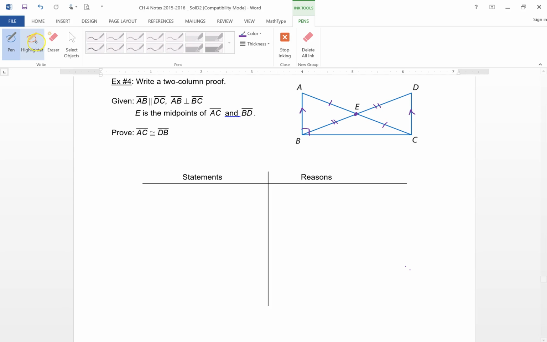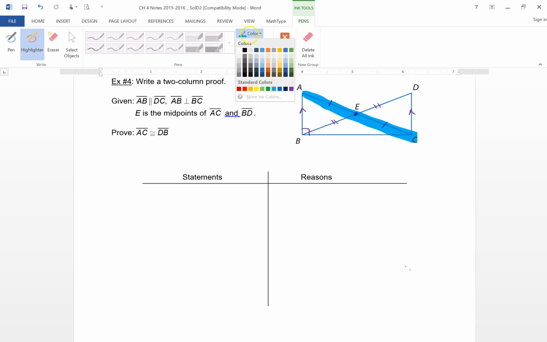What I have to prove is that AC, which is this long one, is congruent to which one? BD, this one. So this is what I want to prove. Okay? Now, here's the plan of attack.